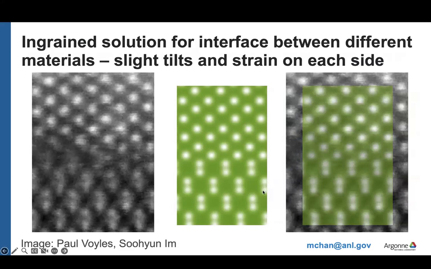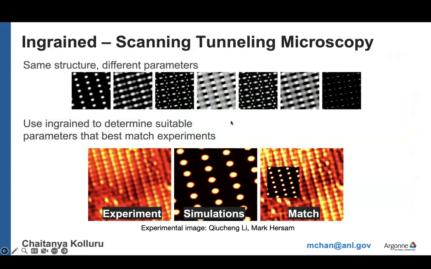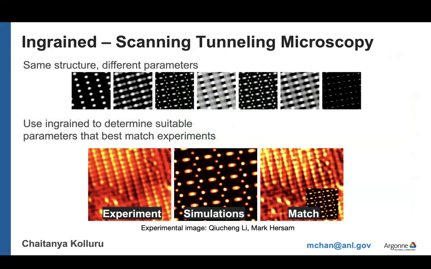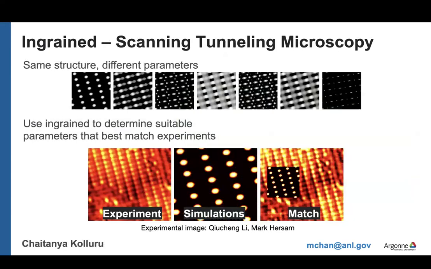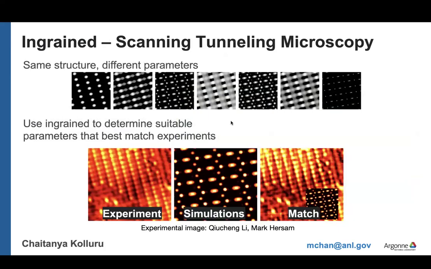This interface, it's messy, but Ingrain allows you to determine basically the two crystalline parts, and then we can work on the interface. So for scanning tunneling microscopy, which is sometimes also used to determine surface structures for electronics, there's additional complexity.